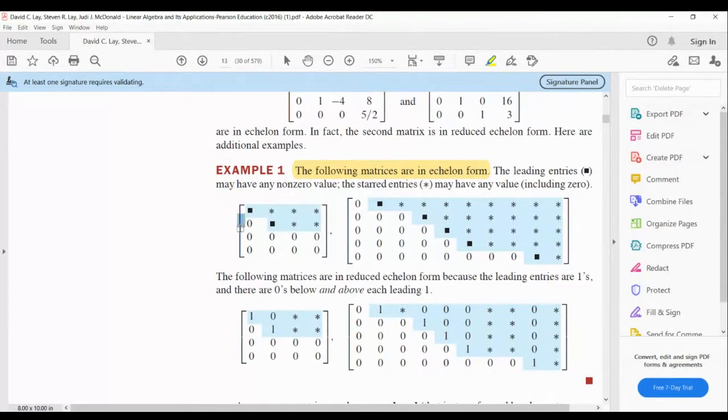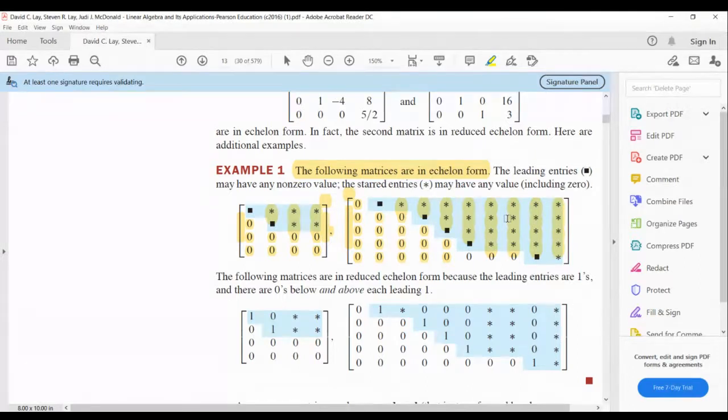Also, each leading entry of a row is in the column to the right of the leading entry of the row above it. And that's true. When you get the matrix in triangular form, this naturally happens.